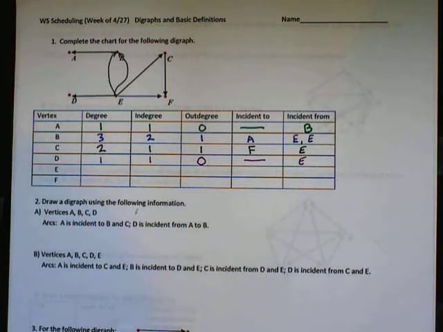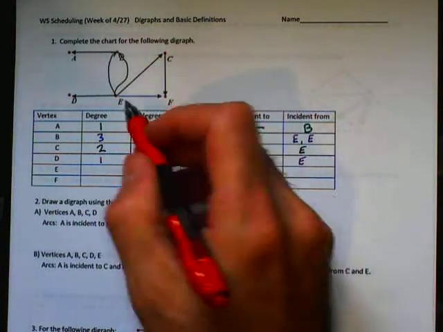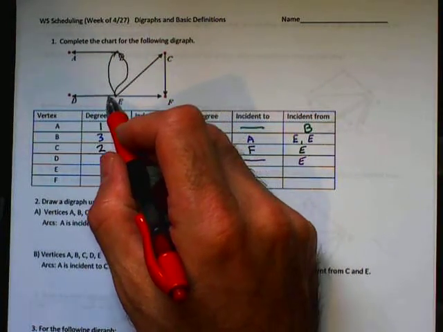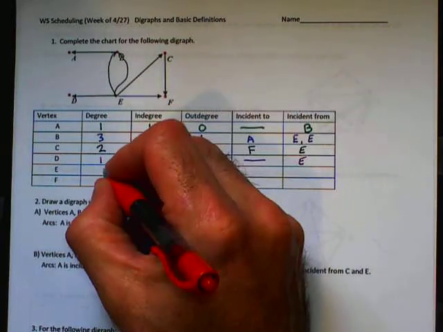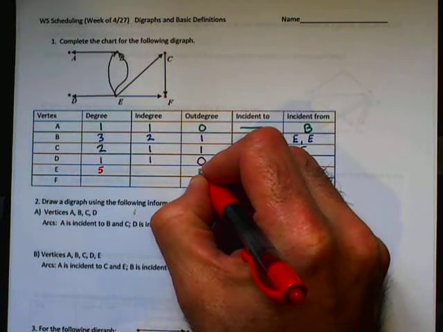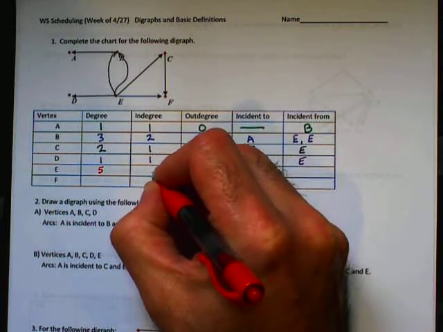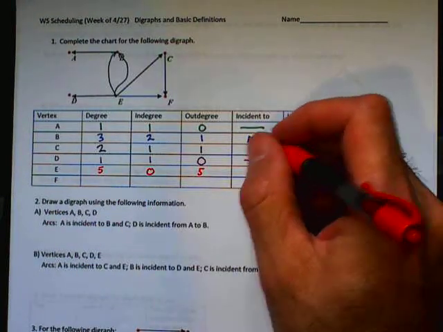Now E has 1, 2, 3, 4, 5. Has the largest degree. It has 1, 2, 3, 4, 5, but they're all going out. So you have degree of 5. They're all going out. You have 0 in degree. And then from there, your incident to.